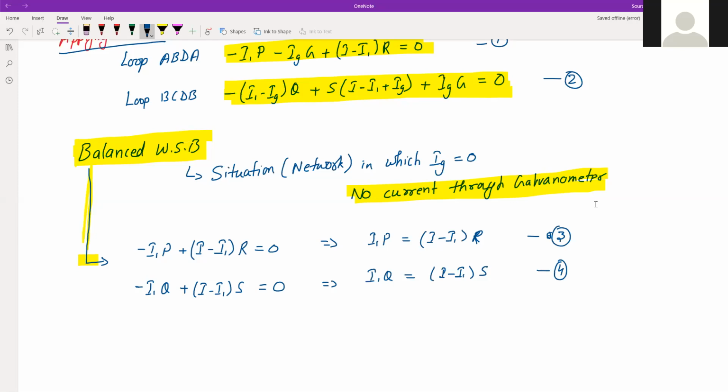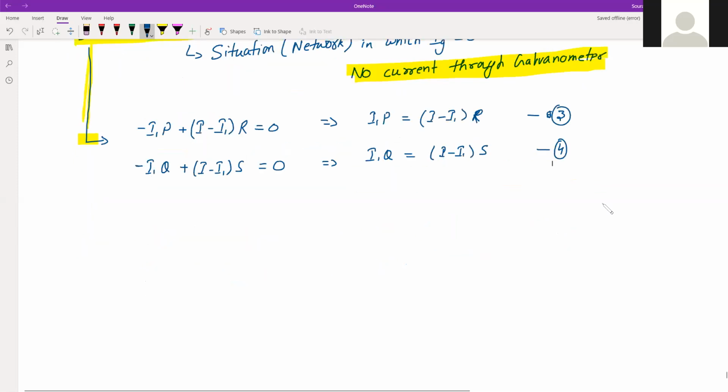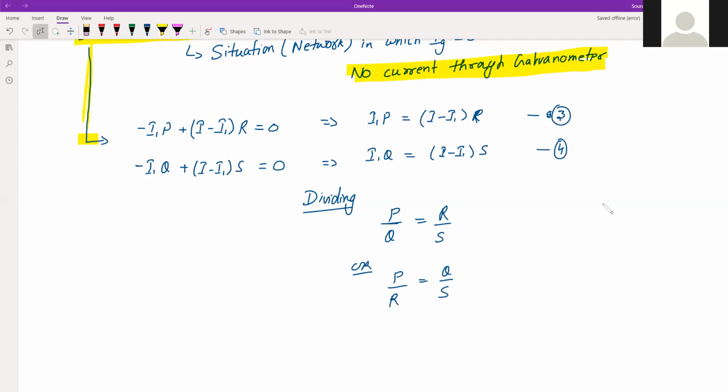If we divide these two equations, we get P by Q equals R by S, or this also means that P by R equals Q by S. This is the final result, which is very simple, not as complex as our earlier equations.